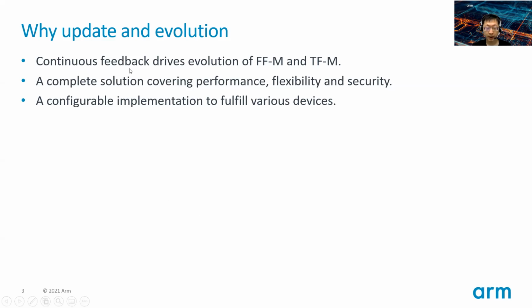Continuous feedback will drive the evolution of FF-M and TF-M. They provide a complete solution to cover performance, flexibility, and security, and provide a configurable implementation to fulfill various requirements from resource-constrained devices to resource-rich devices.